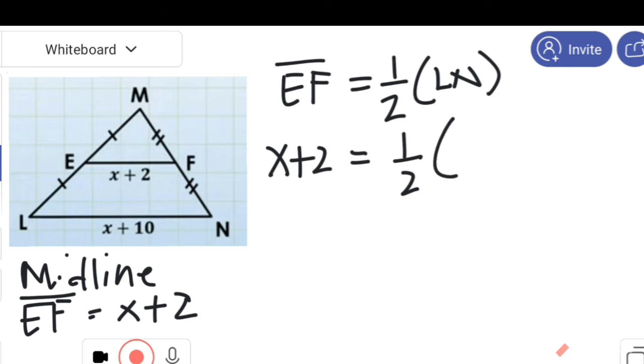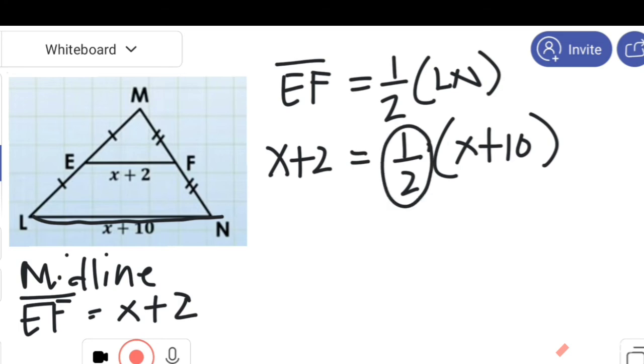Then we substitute: EF is x plus 2, is equal to 1/2 of the third side, which is x plus 10. Okay, so first we need to remove this fraction. To do that, we multiply everything by 2. So we now cancel this.